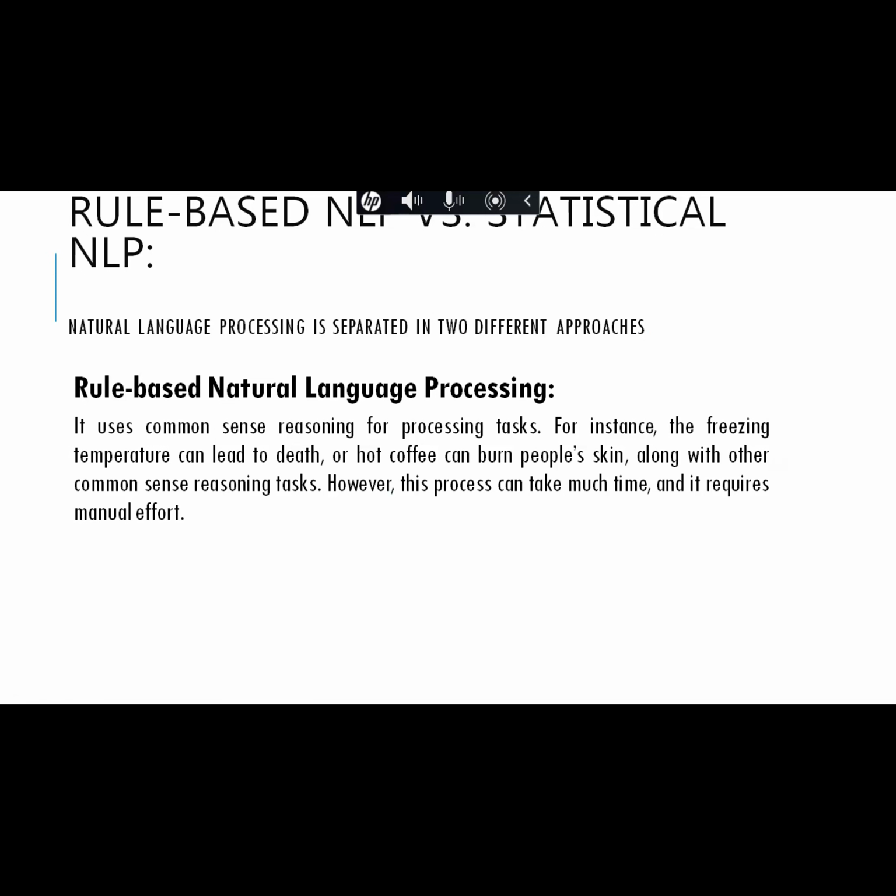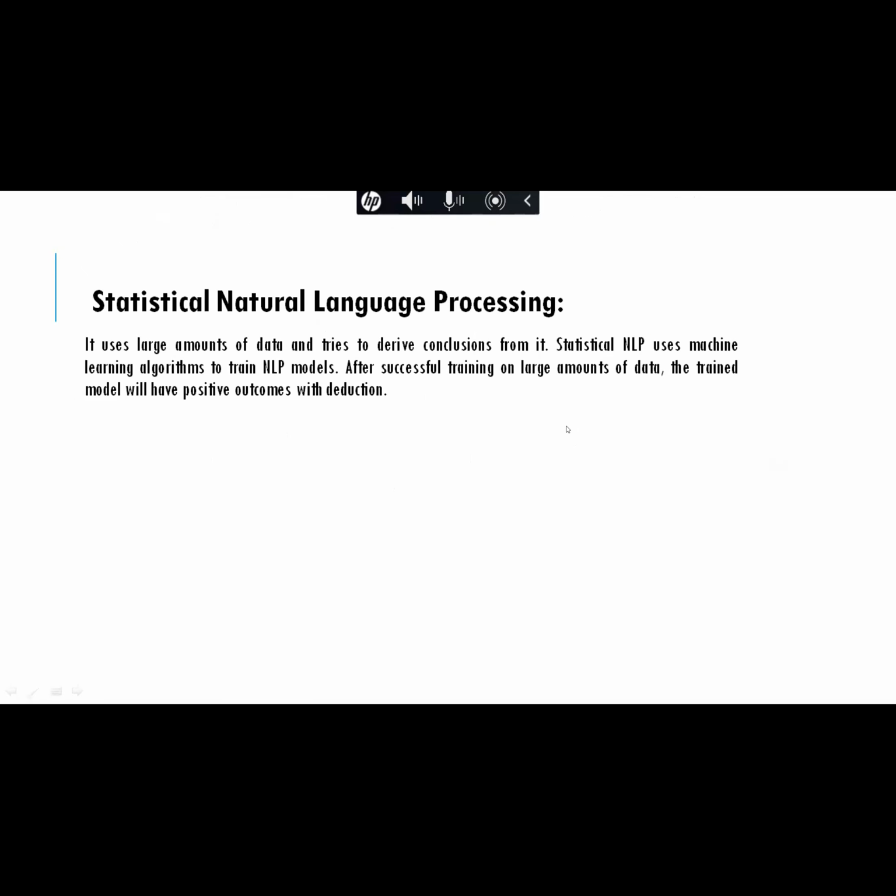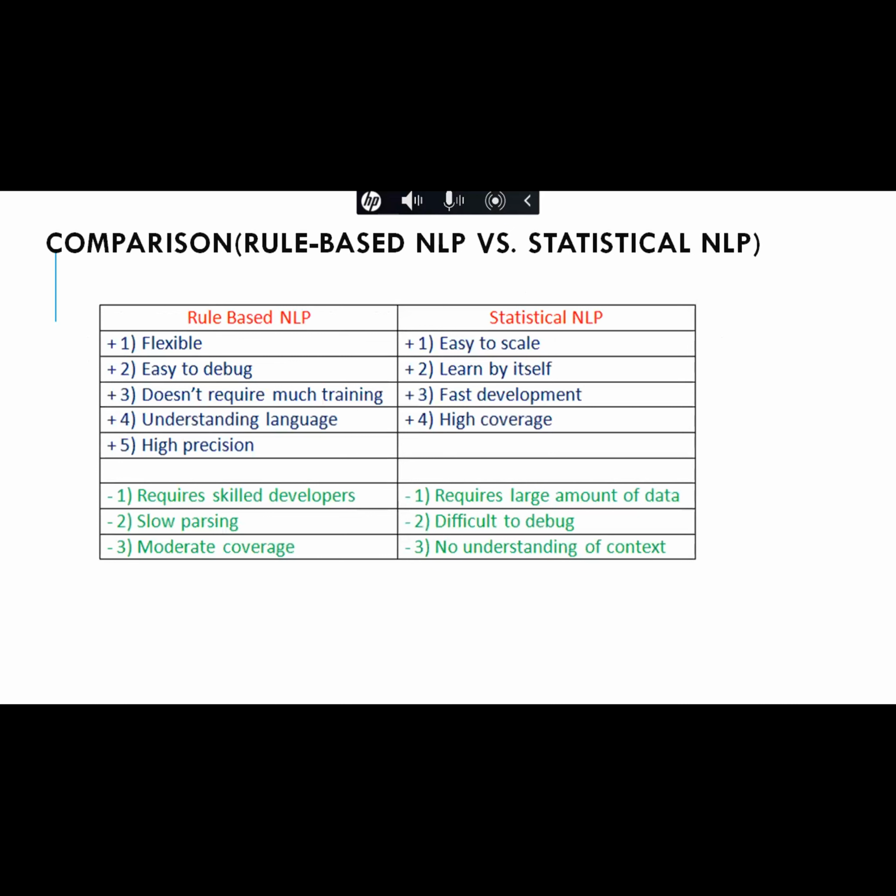This process can take much time and requires manual effort. Statistical natural language processing uses large amounts of data and tries to derive conclusions from it. It uses machine learning algorithms to train NLP models, and after successful training on large amounts of data, the trained model will have positive outcomes.